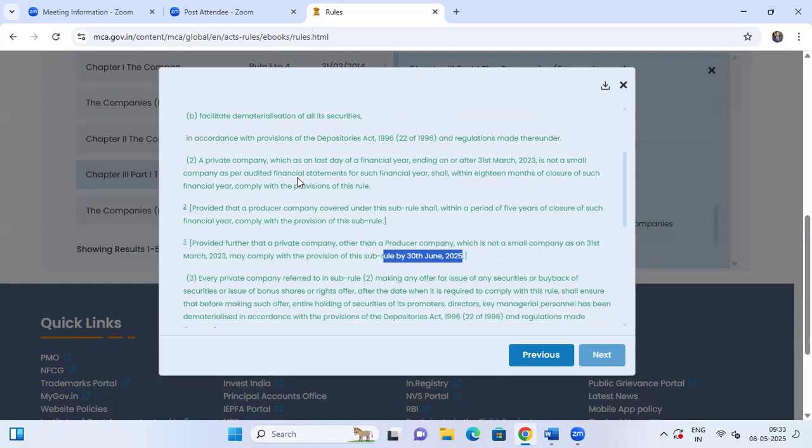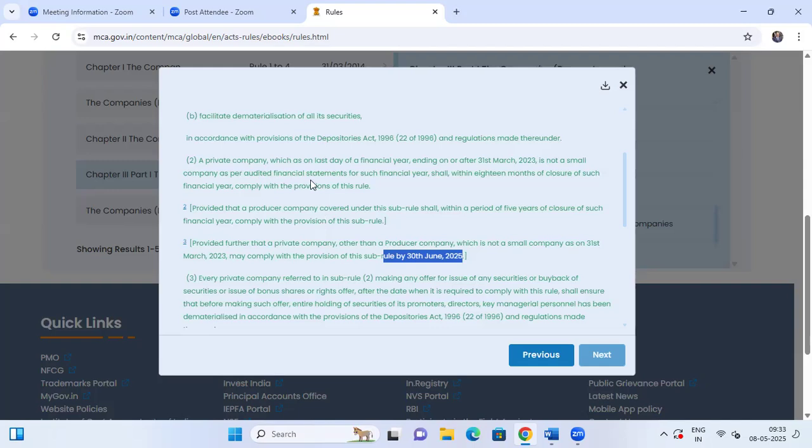So the small company definition we know, 4 crores and 40 crores: paid-up capital 4 crores and turnover 40 crores. If either one crosses, then it is not a small company. So small company means paid-up capital within 4 crores and turnover within 40 crores.